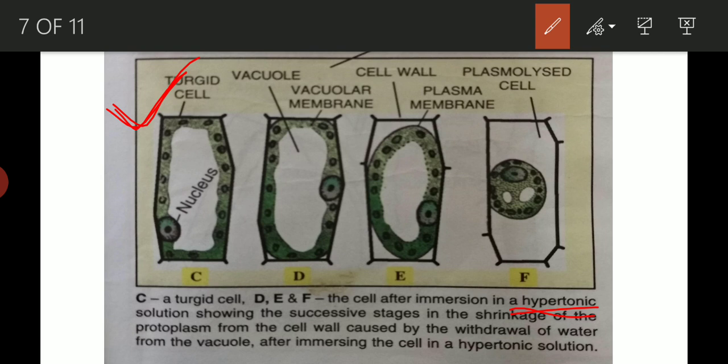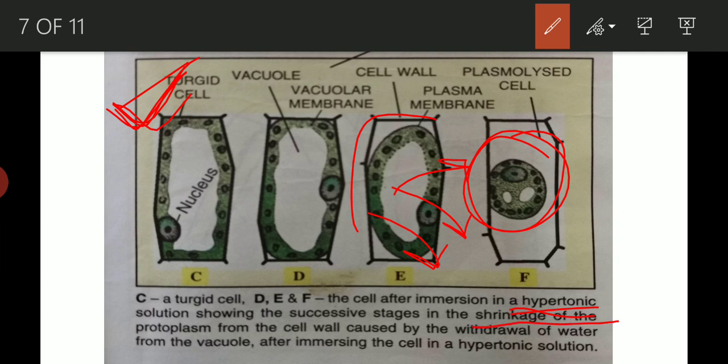So if we keep this turgid cell in hypertonic solution, then what will happen? Slowly and slowly, see, the water will come outside. The water will come outside from the cell, and ultimately there is a shrinkage of protoplasm. There is shrinkage of protoplasm. This is very important. This term you should mention. There will be shrinkage of protoplasm, and this condition is known as plasmolysis, plasmolysed cell.